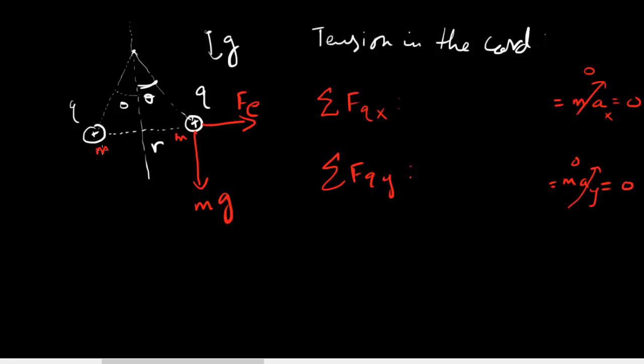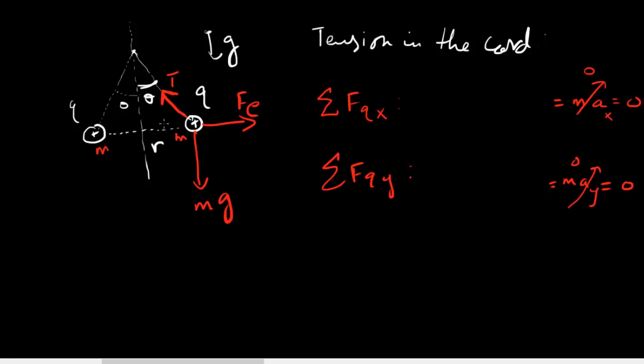But let's ignore the gravitational effect between these two masses, since these two charges are too small for the gravitational effect to be significant. So mg is going to point down, and then there's going to be tension. The rope is going to be pulling this charge in that direction.